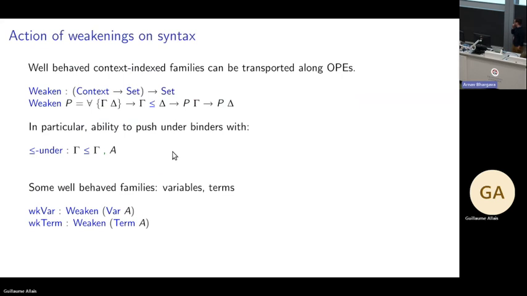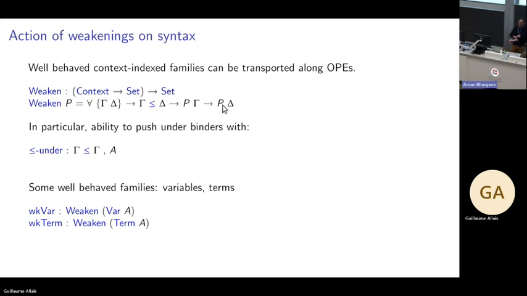And I'm not showing you the proofs because they're not very interesting, but we can already prove that some existing families are well behaved. So the variables in particular are well behaved, and the terms also. The variable case is actually pretty interesting because if you look at the definition of weaken, right, it's saying if you have a proof that gamma is less than delta, then any variable in gamma can be transformed by an algorithm into a variable in delta.